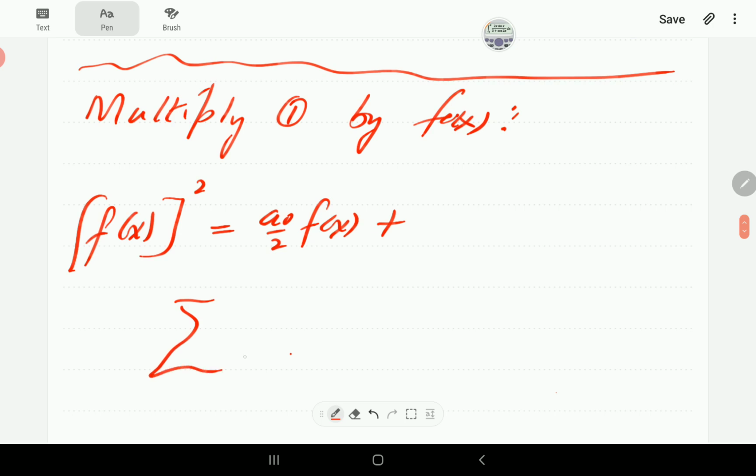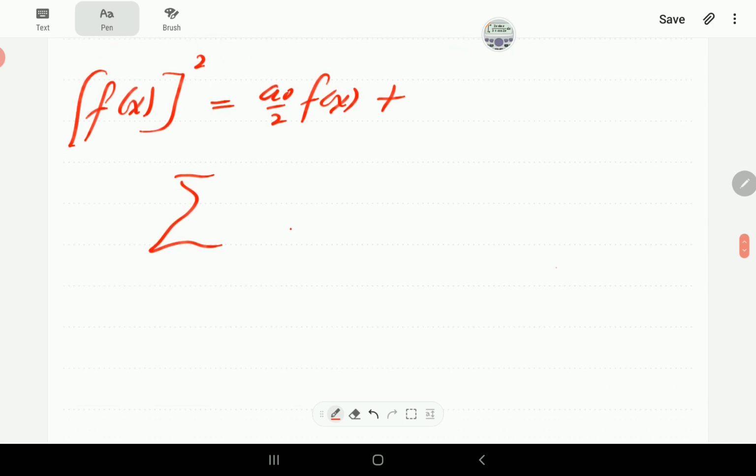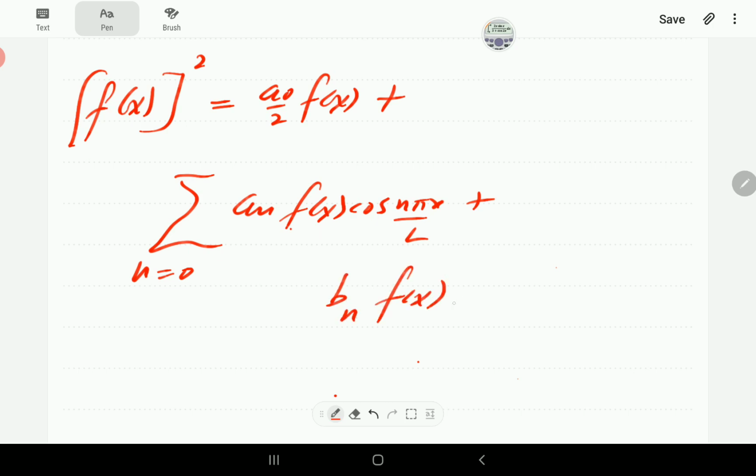Then inside the summation, which we can multiply into because we're multiplying by a term that does not involve n, we have an f of x cosine n pi x over L, then bn f of x sine n pi x over L. This is summing from 1 to infinity.